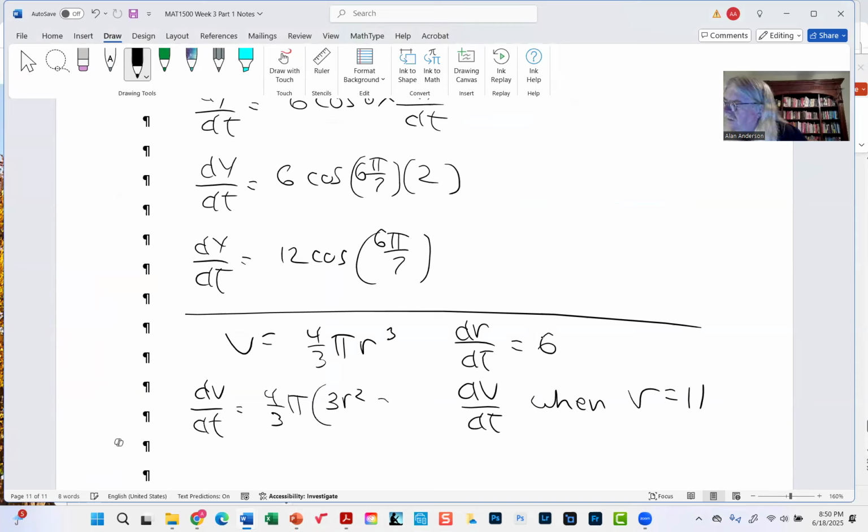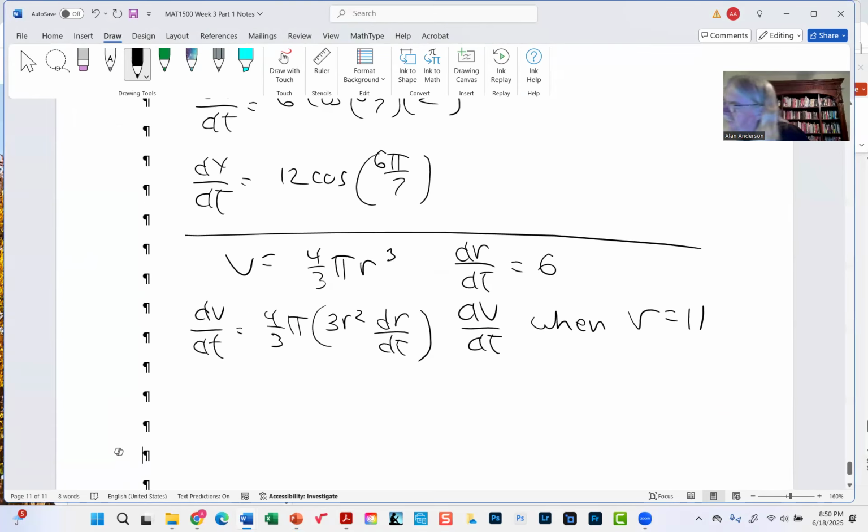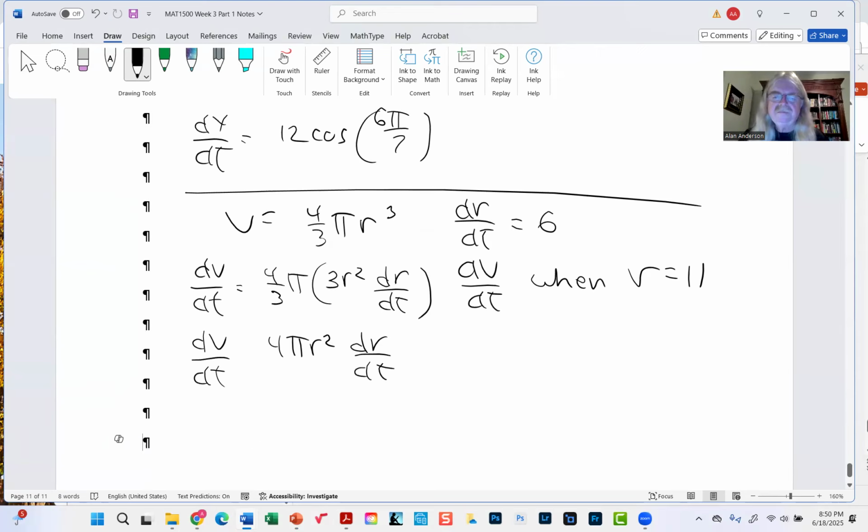So that's implicit differentiation. Now we just plug in some numbers. We can simplify it a little bit. 4/3 times 3 is, of course, 4. And we know that dr/dt is 6. We know that r is 11.